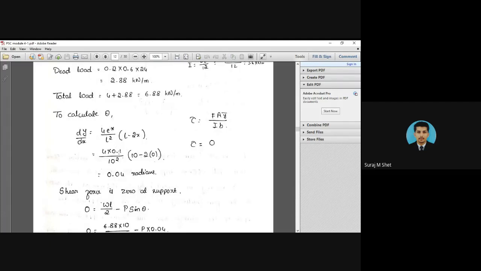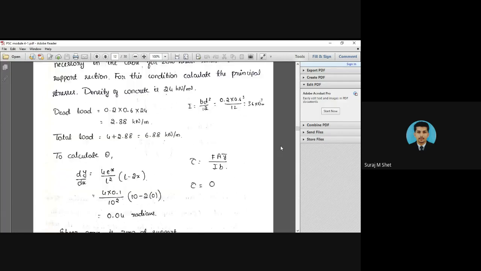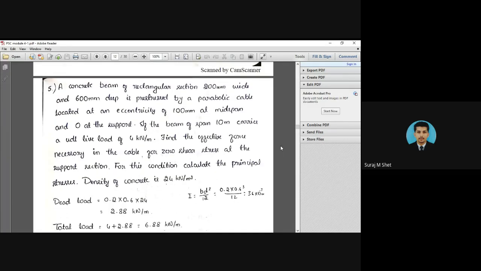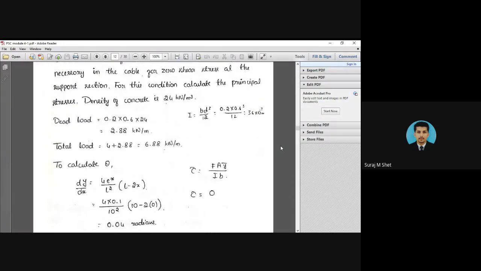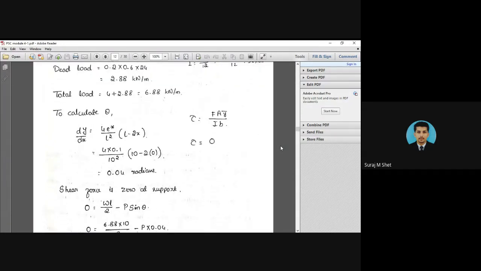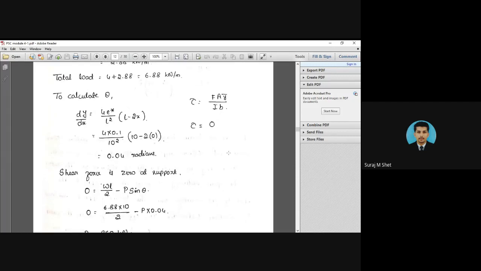So 4 into 0.1 divided by 10 square, into the total length 10 meter minus 2 into the distance x. Where I am calculating, x is equal to 0, because I am calculating at the support. So I substitute the value of x equal to 0, and I get dy by dx equal to 0.04.